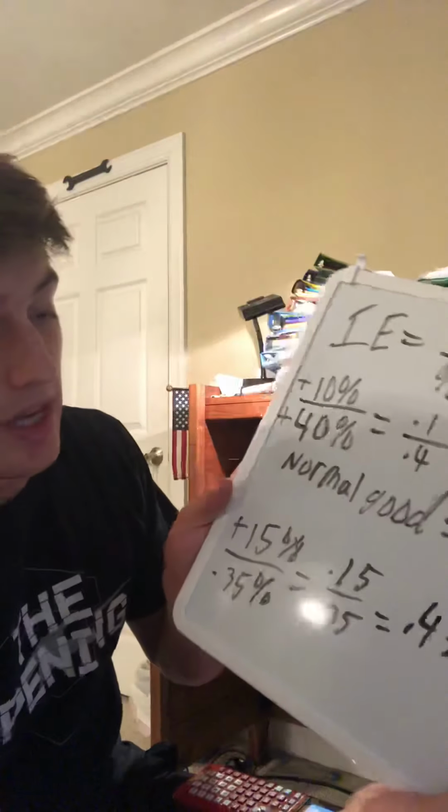Now let's go over the second scenario, the second conclusion you can draw from this. Let's say income's going down 35%, negative 35%, and the quantity demanded is going to go up 15%, positive 15. So this equals 0.15 divided by 0.35, which is a pretty awkward number, but I'm going to round it to negative 0.43, which once again is relatively inelastic.